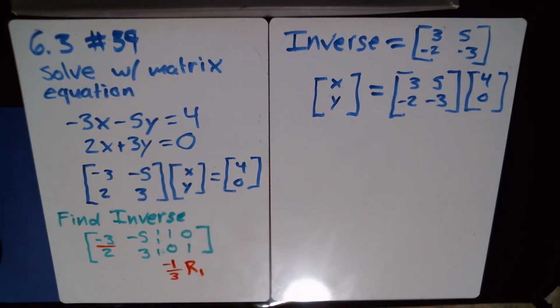Okay, so basically to find x and y, we just have to multiply these two matrices together.